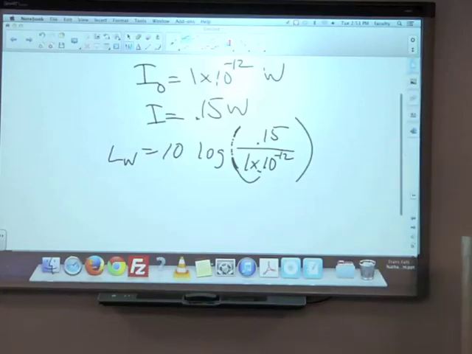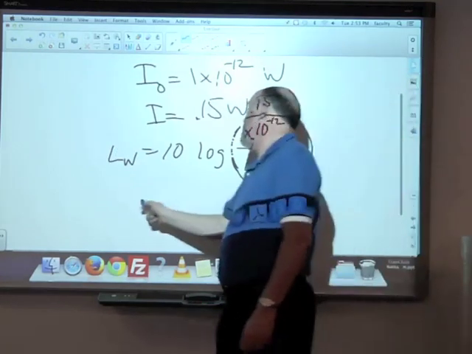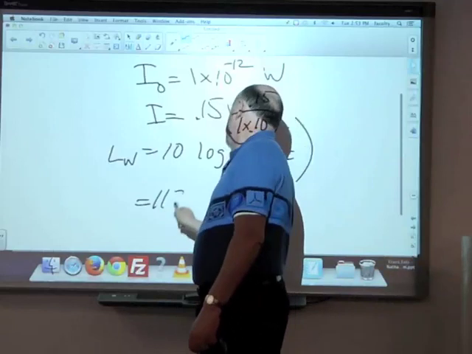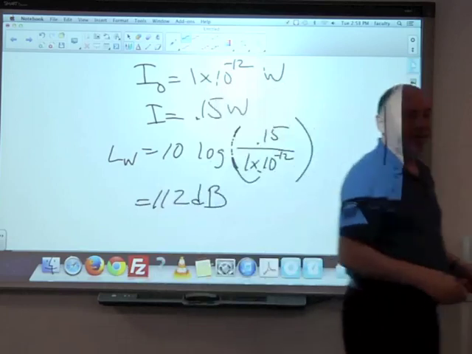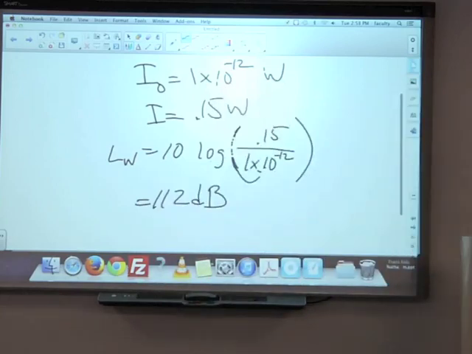So you plug that into the equation, you'll get how many decibels this will be. To the nearest whole number, this will come out to be 112 dBs. That's a logarithmic equation.